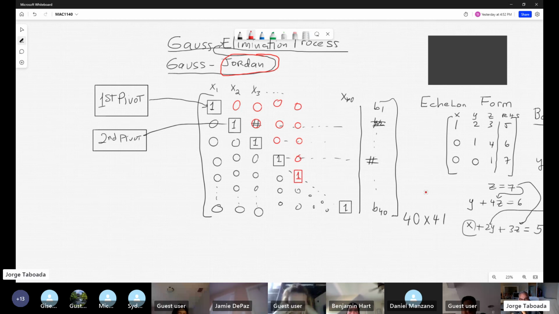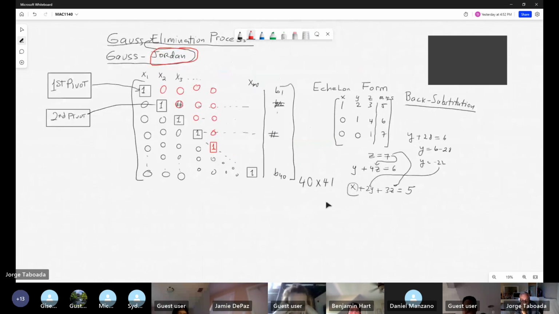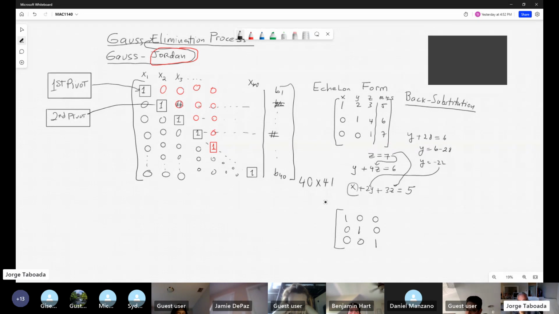So basically, when I finish the Jordan algorithm, the one Jordan proposed, we have a system like that: 1, 0, 0, 1, 0, 0, 0, 0, 1. In hypothetical, I suppose 20, 40, 60.